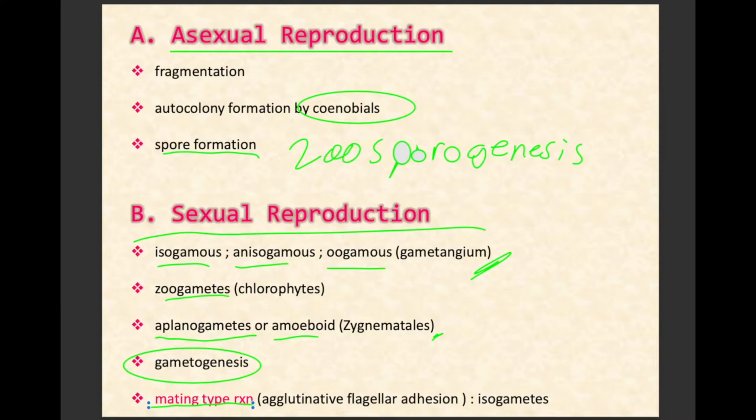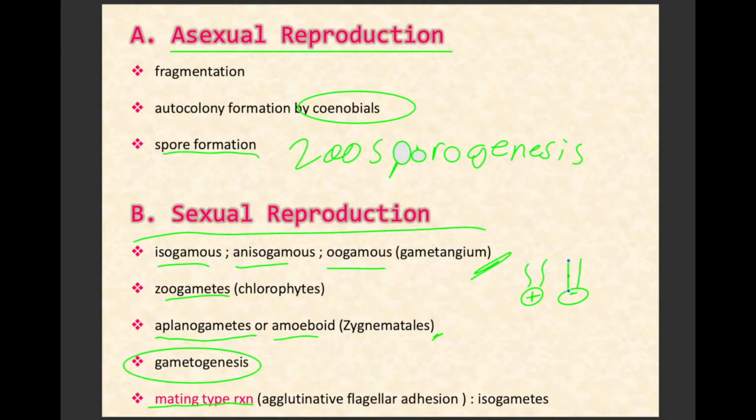So this agglutinative flagellar adhesion, imagine we have, sabihin natin, this is a positive and this is a negative, and they both have flagella. They're flagellated. Ayan, imagine niyo na.